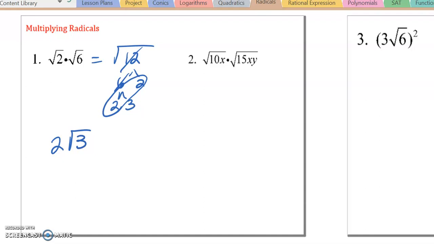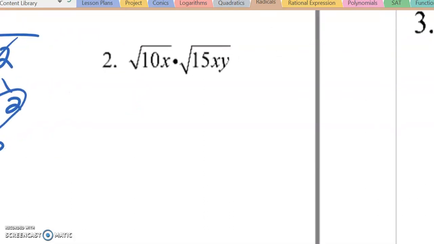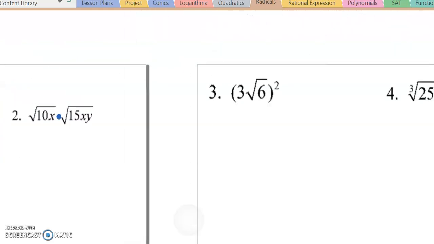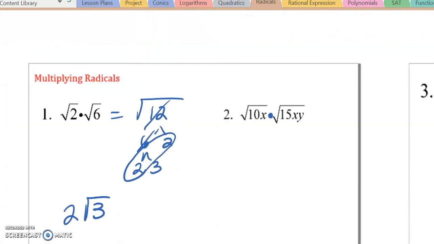What you can remember is if it's multiplication, there's really not a rule. It's that you can simply multiply anything that's under a radicand times anything under a radicand. If it's on the outside, you multiply it on the outside.